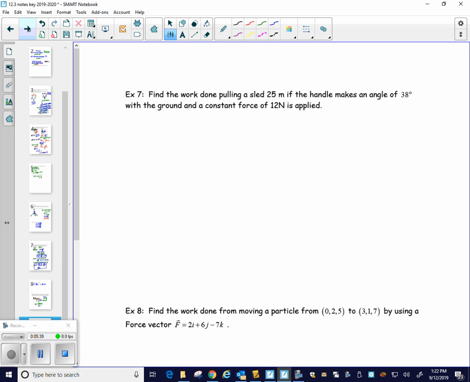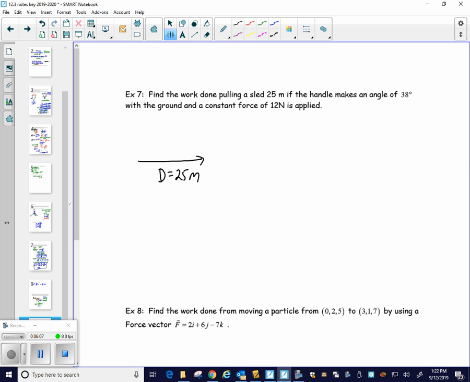Alright, let's find the work done by pulling a sled 25 meters if the handle makes an angle of 38 degrees with the ground and a constant force of 12 newtons is applied. So if we just draw a really basic sketch of that, you've got something moving along the ground, and the distance is 25 meters.